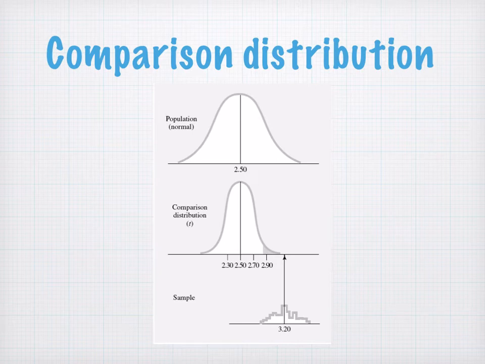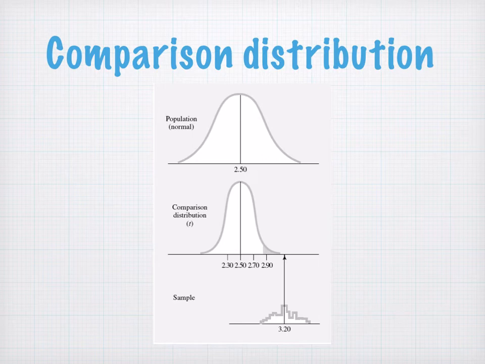And then we're comparing our sample mean to that of the comparison distribution, which has the same mean as the population, to see if this is something that we would normally get. Does this fit inside the normal range for this population, or is this a really high score or a low score? Is this an extreme score?